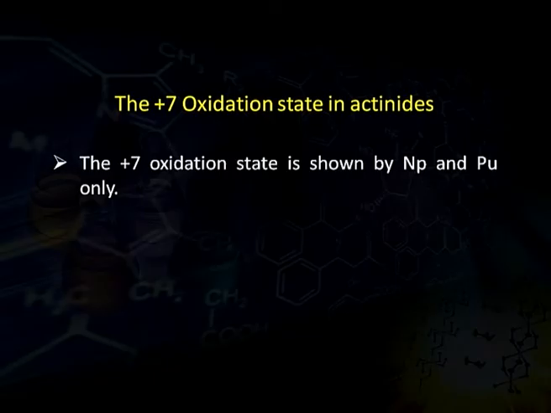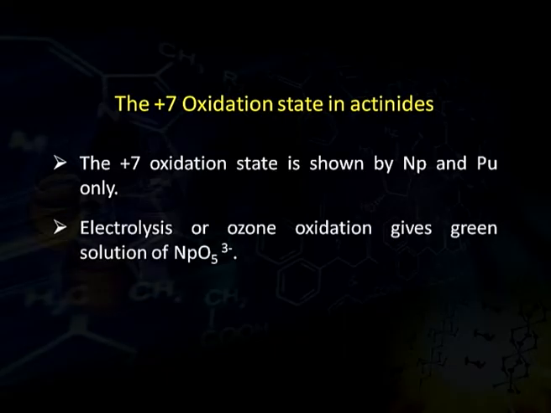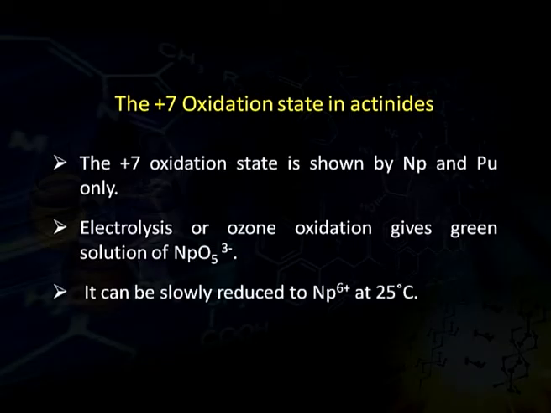The last one is the +7 oxidation state in actinides. The +7 oxidation state is shown by neptunium and plutonium only. The electrolysis of ozone oxidation gives a green solution of neptunium heptoxide with +7 oxidation state. It can also be slowly reduced to the +6 oxidation state at 25 degrees centigrade.